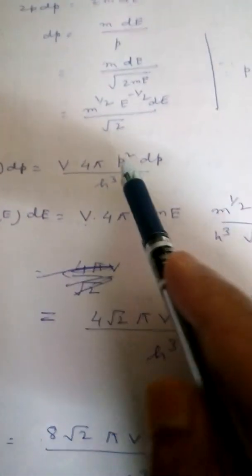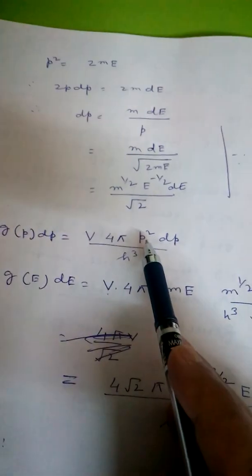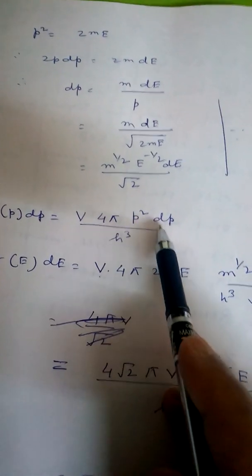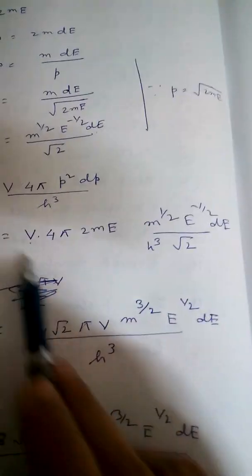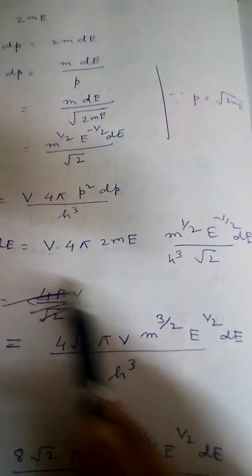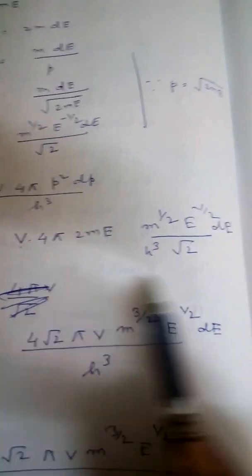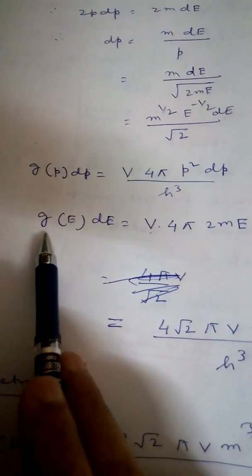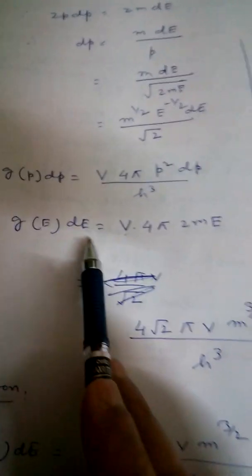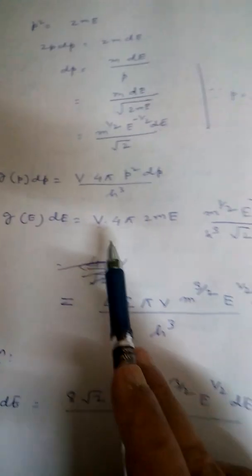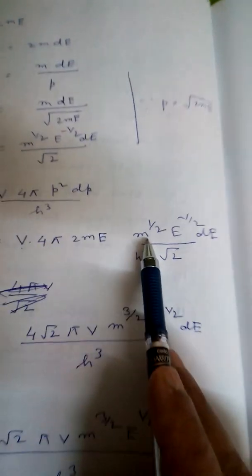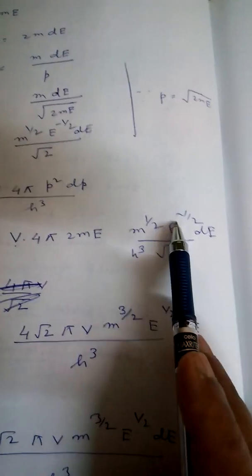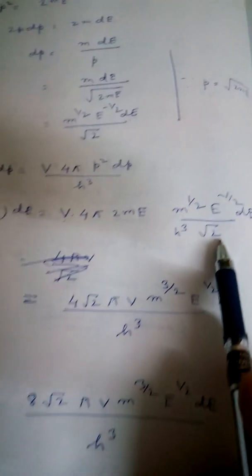Whenever we put 2mE in place of p square and this expression in place of dp, it is nothing but the expression of density of state in terms of E. That's why the left hand side can be written as g(E)dE. So g(E)dE equals V 4 pi 2mE into m to the power half E to the power half dE by h cube into root 2.